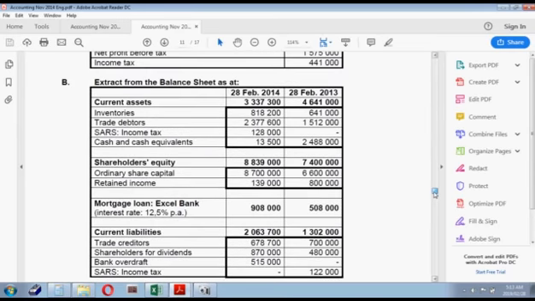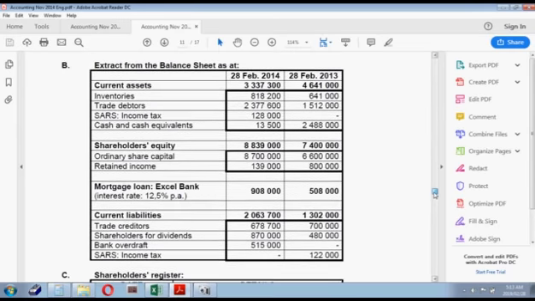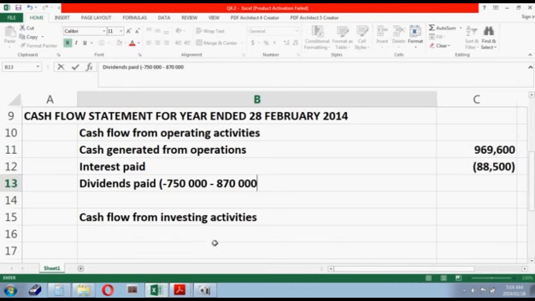In this particular case, you can look at the extract from the balance sheet. And in current liabilities, we have shareholders for dividends. So the previous financial year, at the end we owed 480,000. We will thus pay during this financial year. That will thus result in an outflow of cash. So it's a negative 480,000.